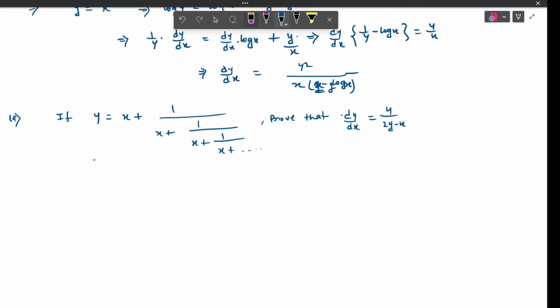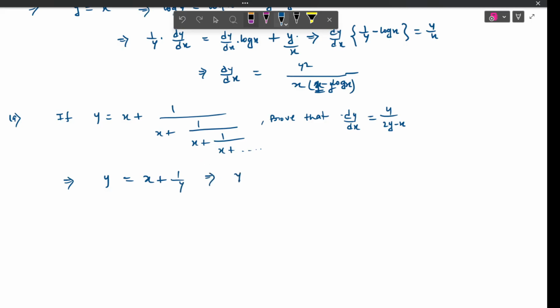Again the same logic. If we take one bucket of water, the level of sea doesn't change, right? So y equals to x plus, we can say this whole thing as y. So x plus 1 by y.